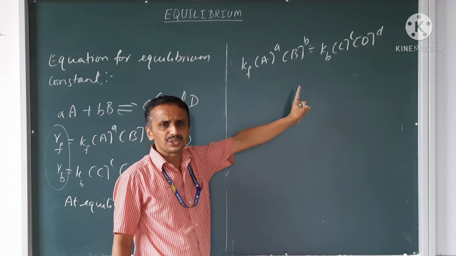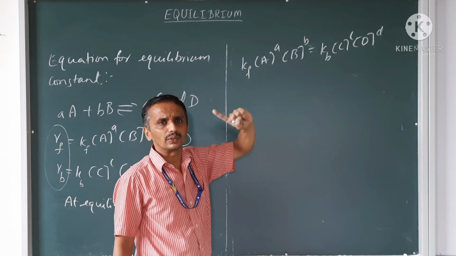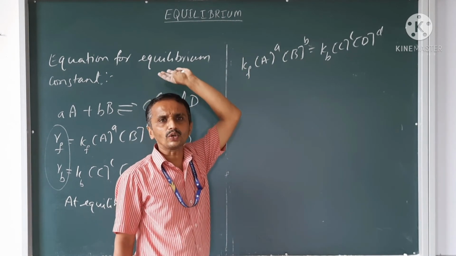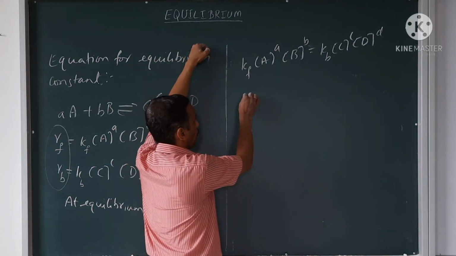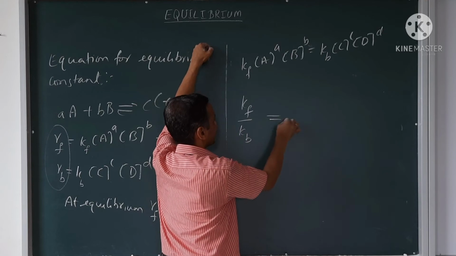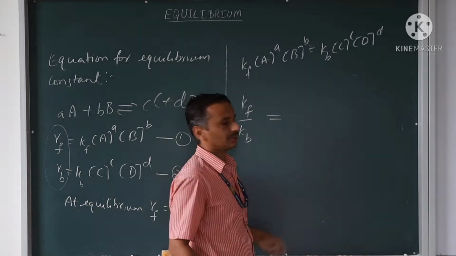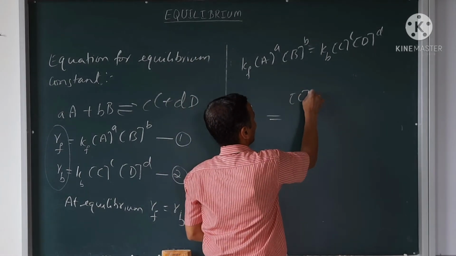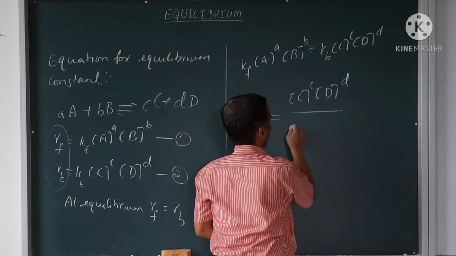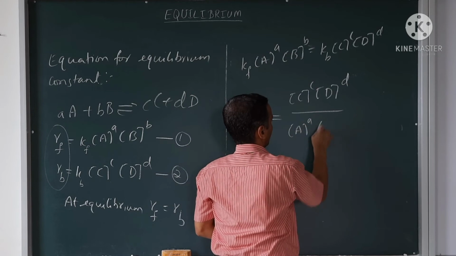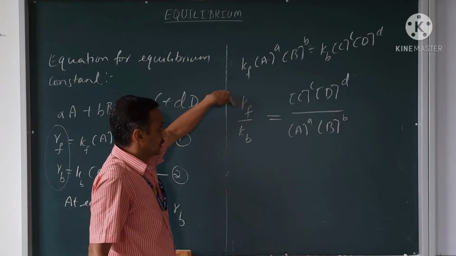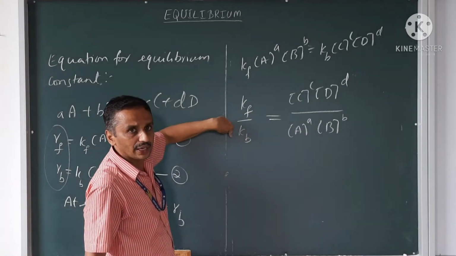Now what I do is bring the concentration terms to one side and the rate constants to the other side. So Kf by Kb is equal to [C] to the power c into [D] to the power d divided by [A] to the power a into [B] to the power b. This is constant, this also constant.